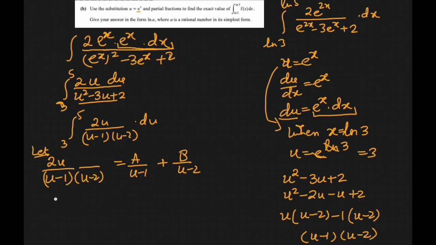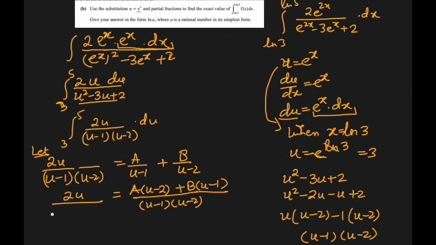So to find A and B, we'll take their LCM, u minus 1, u minus 2. So this becomes A times u minus 2 plus B times u minus 1, which will be equal to 2u over u minus 1, u minus 2. Since their denominators are same, cancel them out. We'll just look at the numerators.